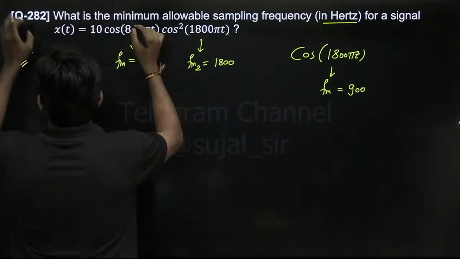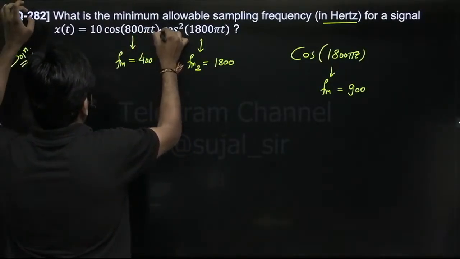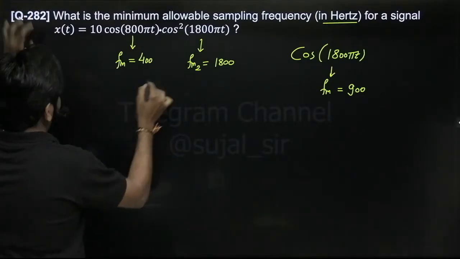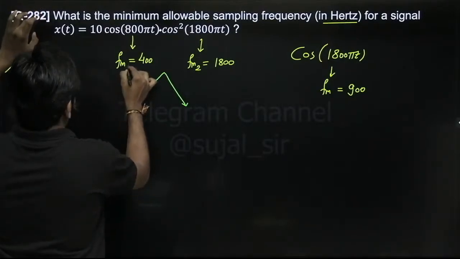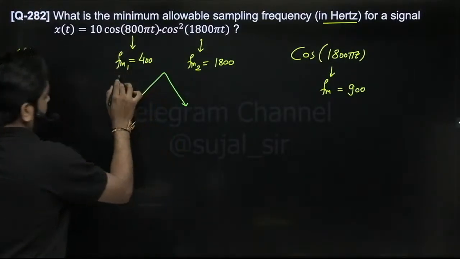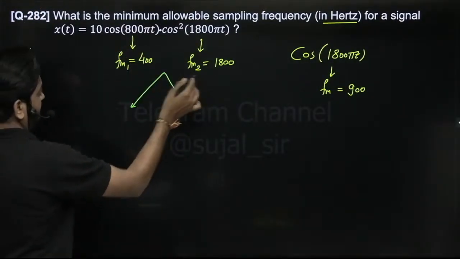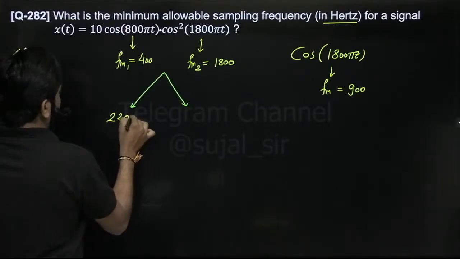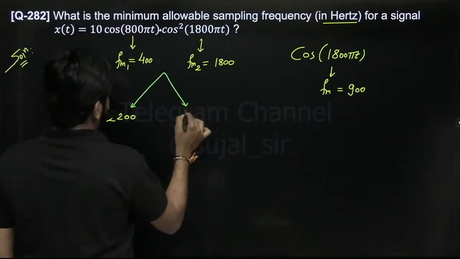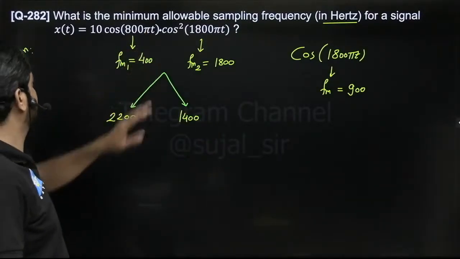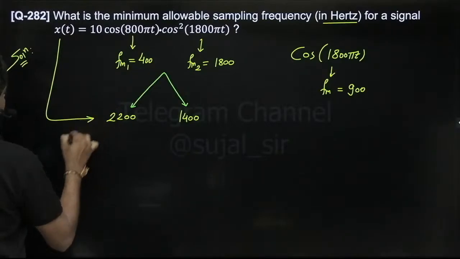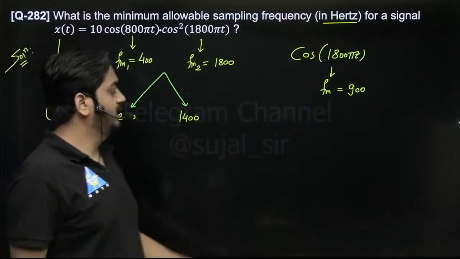Okay, now here there is a multiplication. So after multiplication there will be two frequencies, fm1 plus fm2, fm1 minus fm2. So it will be 2200 one frequency, and second will be 1400, guys. Can we select after multiplication? After multiplication, x of t equal two frequency, 2200 and 1400.